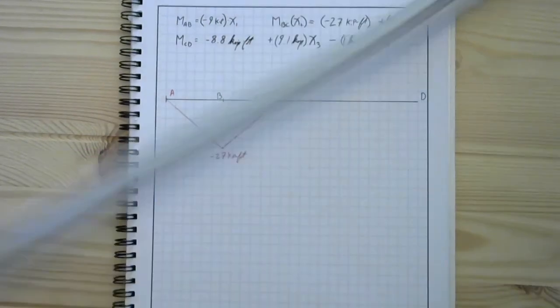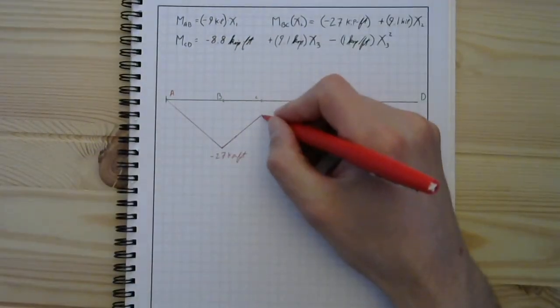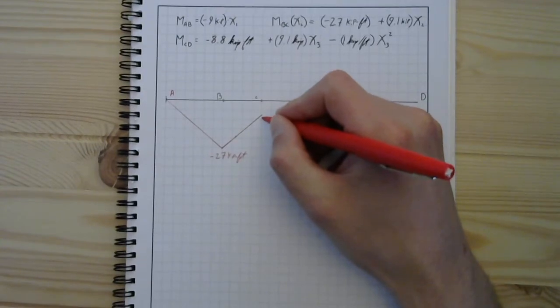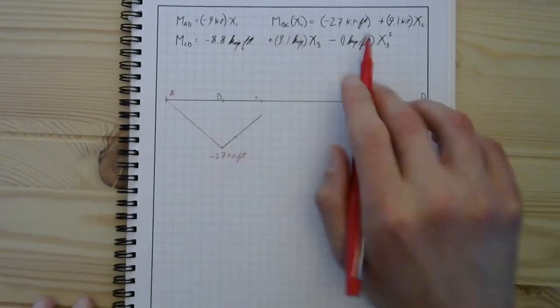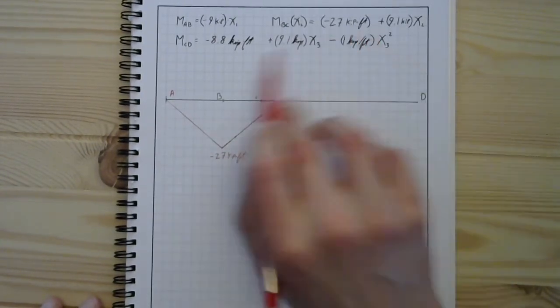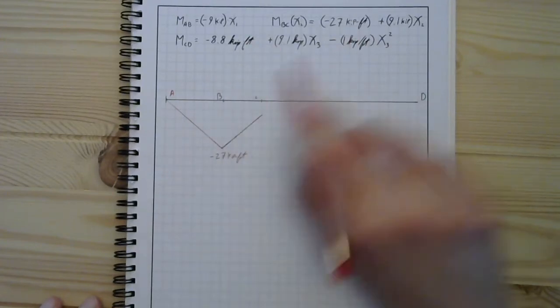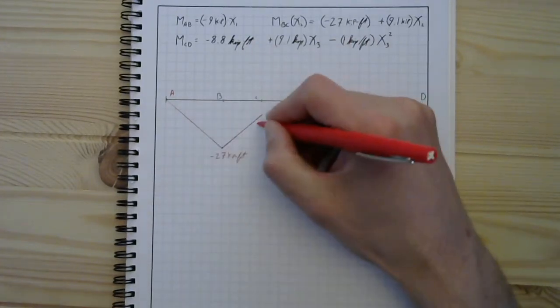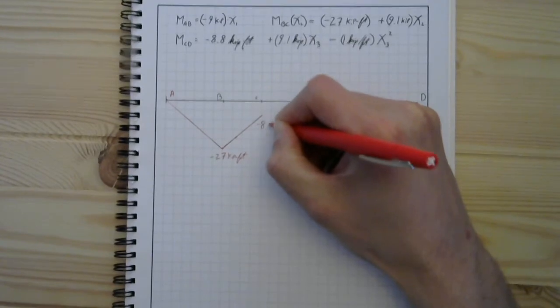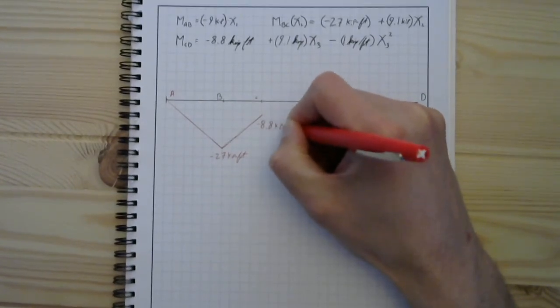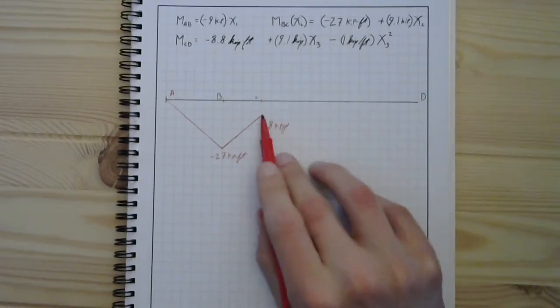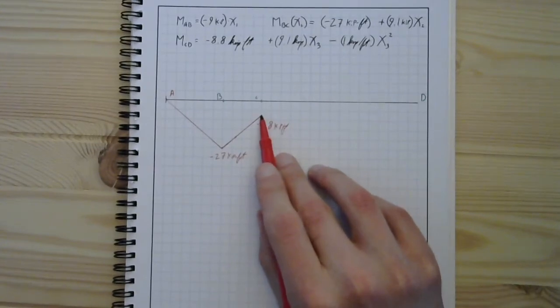And we'll stop at C. This point right here it's going to be negative 8.8 kip feet.